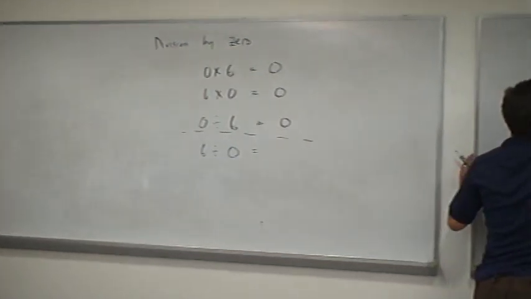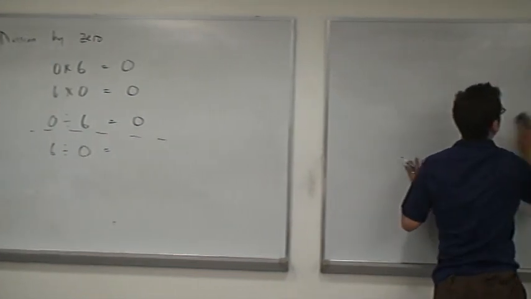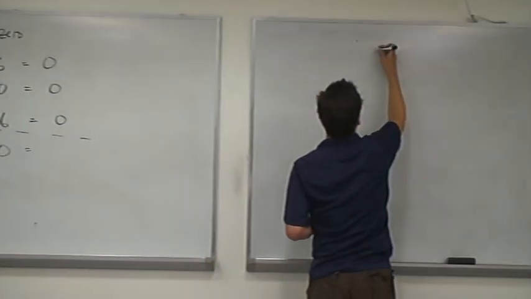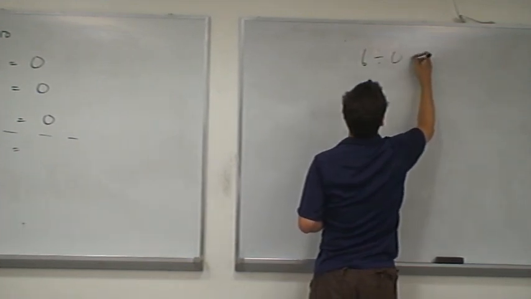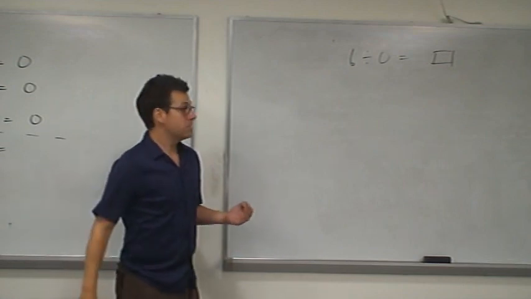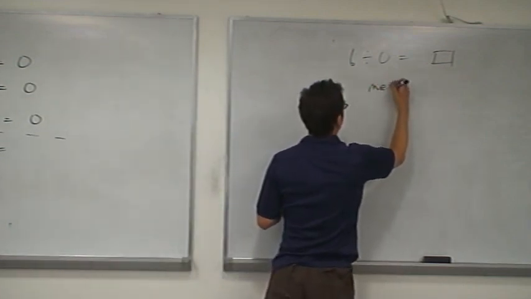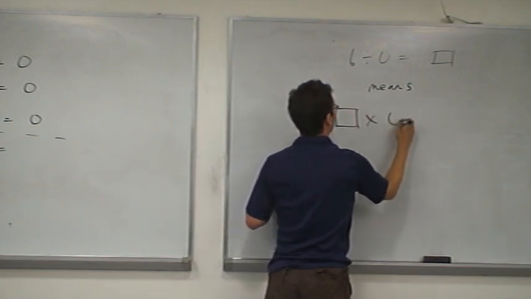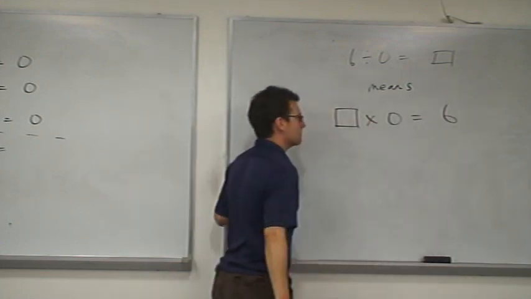So let's start the clock. Now, if we recall the definition of division, 6 divided by 0 equals blank means the exact same thing as blank times 0 equals 6.